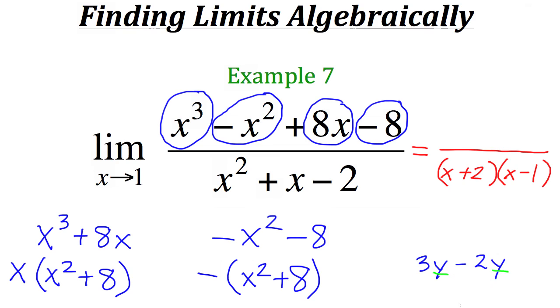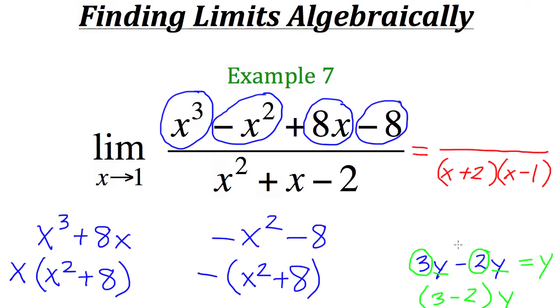So what we could do is we could take the coefficient here and combine it with the coefficient here. So we could think of that as 3 minus 2 in the parentheses times our same variable. Now if we simplify that, 3 minus 2 leaves us with just 1, or 1y, which is the same thing as 3y minus 2y.